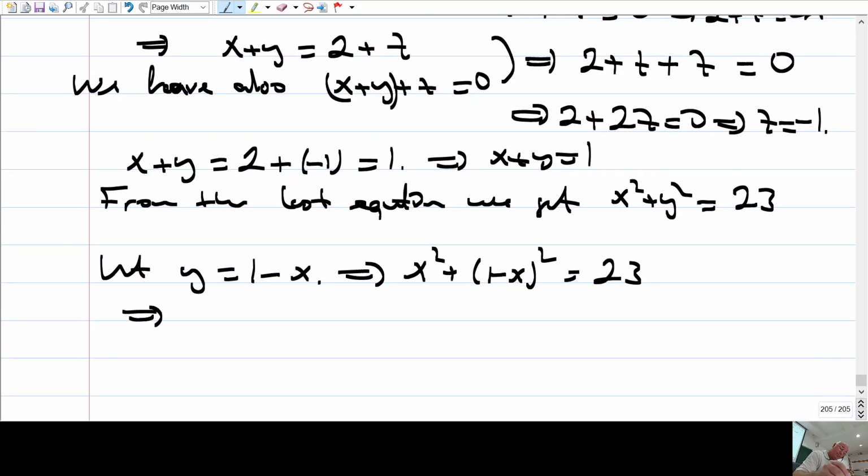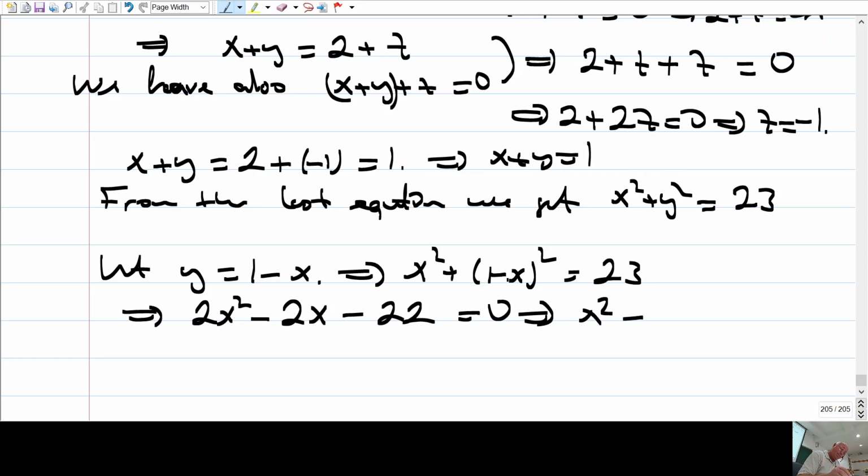Buradan da ne çıkar? 2x kare eksi 2x eksi 22. Değil mi? Ya da x kare minus x minus 11. Buradan da ne çıkar? X is, bakayım buradan ne çıkıyormuş.